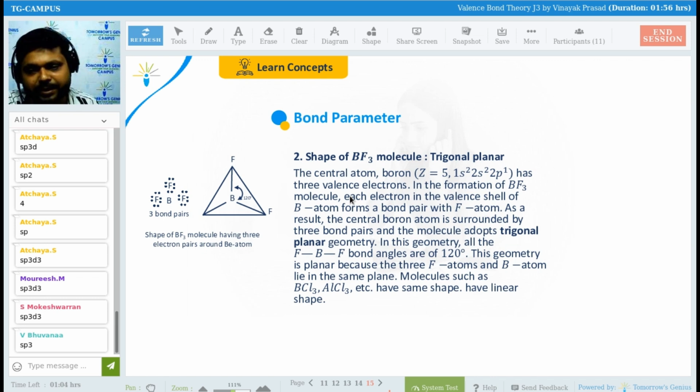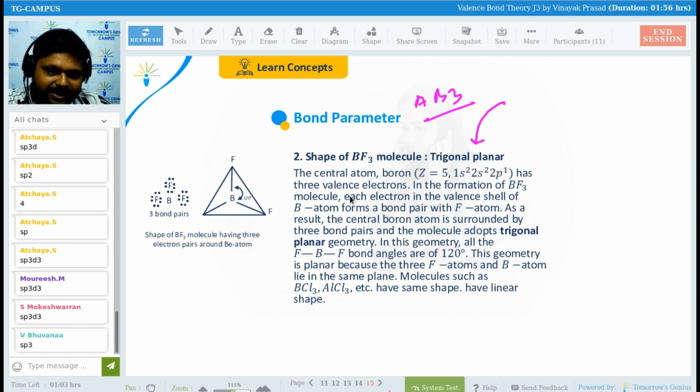Now see here. Let's suppose the shape of the BF3 molecule is trigonal planar. You can see here how we have drawn this trigonal planar. It is AB3 type. If it is AB3 type, then in the exam, how will the examiner ask the question?